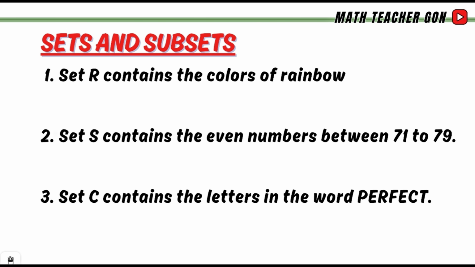So let's have these exercises. Number 1, a set R contains the colors of the rainbow. All we have to do is write R and then all the colors of the rainbow.